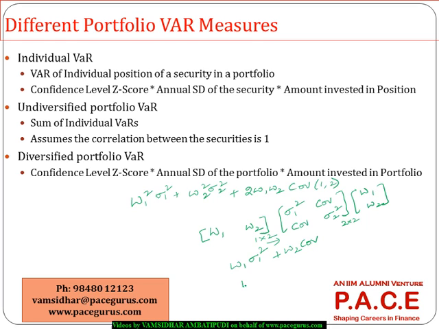So the first one is that one. The second one is W1 into covariance plus W2 sigma 2 squared. Now this you are multiplying with W1 W2.